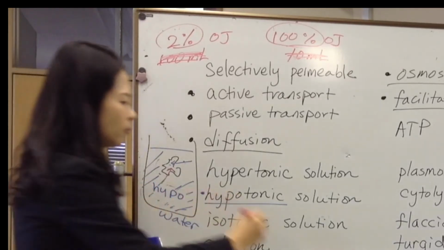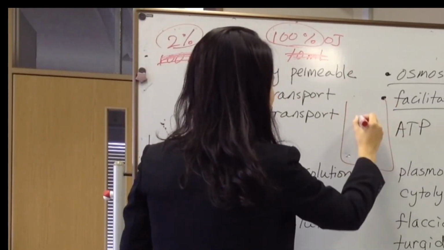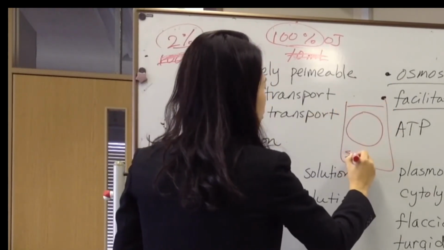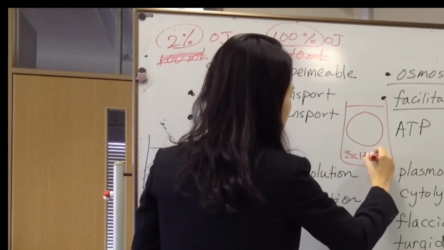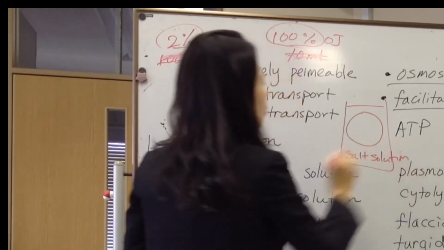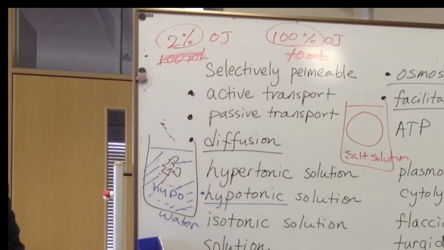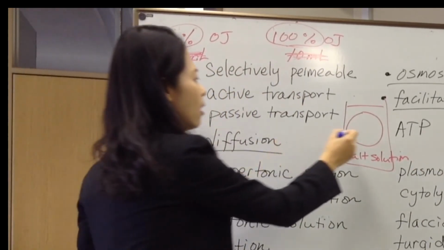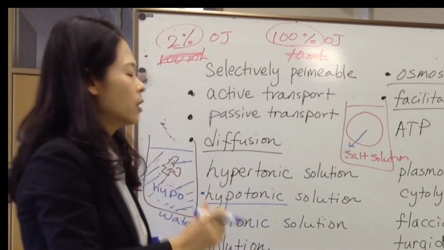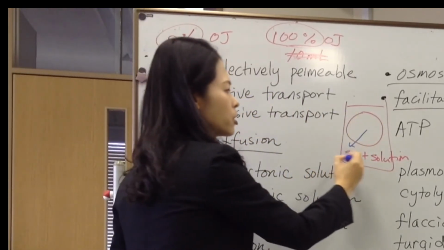Okay. Now, what if you have a normal cell and you place it in salt water, a high concentration of salt solution? What will happen to the cell? How will water move? Water moves out, right? So it will make the cell shrivel up. Okay, so what do we say that the salt solution is?